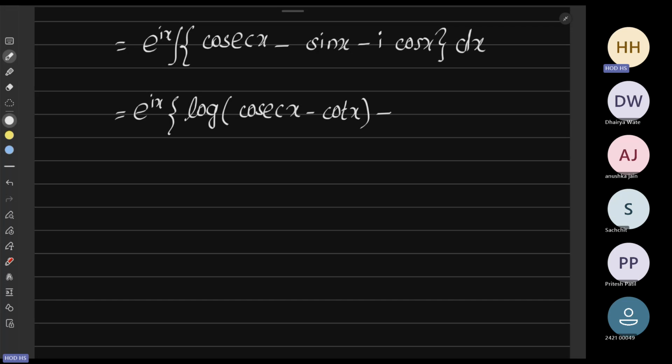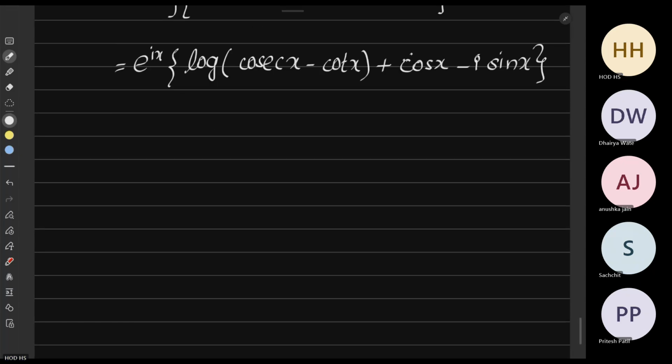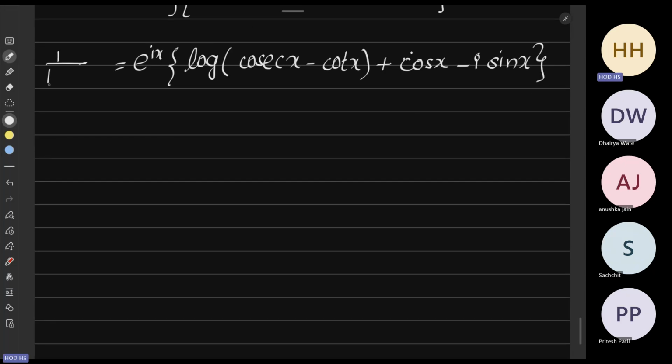The integral of sin x is minus cos x, so it will be plus cos x, minus minus becomes plus. Finally this term becomes minus i sin x, because the integral of cos x is plus sin x and there is a minus sign sitting here. So this one is 1 upon D minus i of cot x.